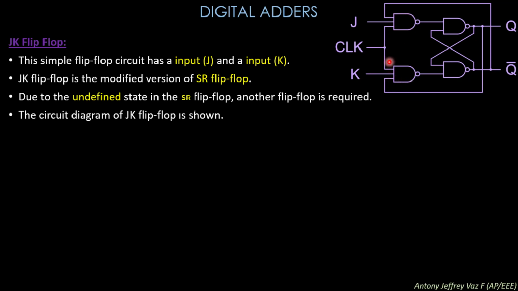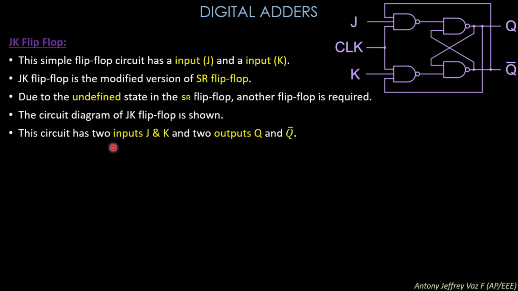You may see this is the input stage of the NAND gate and this is the output stage of the NAND gate, and you can see from the output the input is being used. This means the feedback is given back to the input stage. Due to this process, the undetermined state present in the SR flip-flop is eliminated in the JK flip-flop.